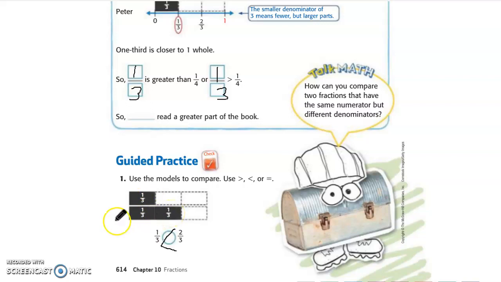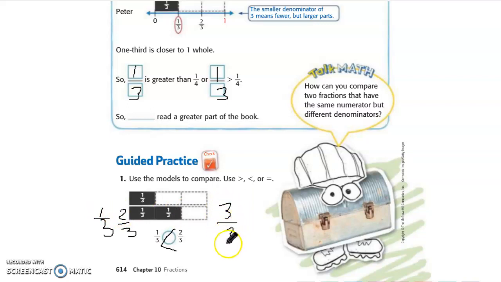If you're working with the same denominator, then it's nice and simple, because all you have to do is look at that numerator on top. And if you have a 1 and you're comparing it to a 2, you know that 2 is bigger than 1.